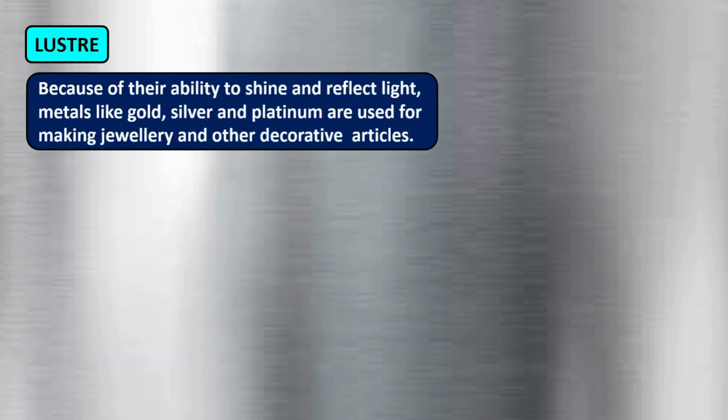Because of their ability to shine and reflect light, metals like gold, silver, and platinum are used for making jewelry and other decorative articles.